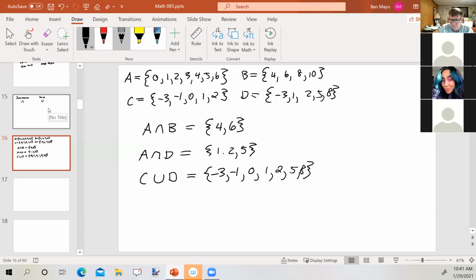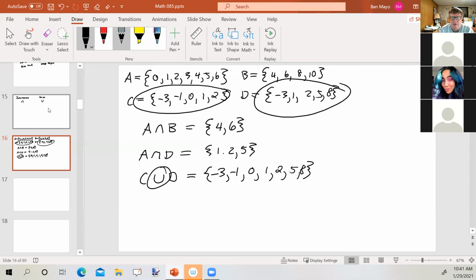Even though 0 isn't in D, we still list it because it's in C? Yes. Union means everything in here along with everything in there. We put them together. They form a union. So if either one of them has it, it's in the union. Intersection, they've got to have it in common. Union, everything they've got.